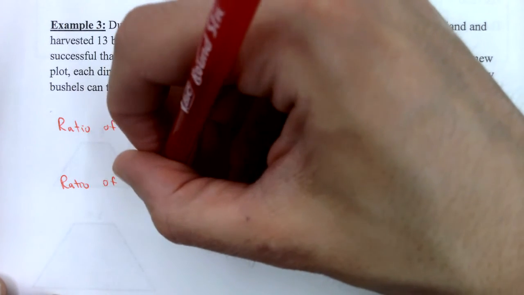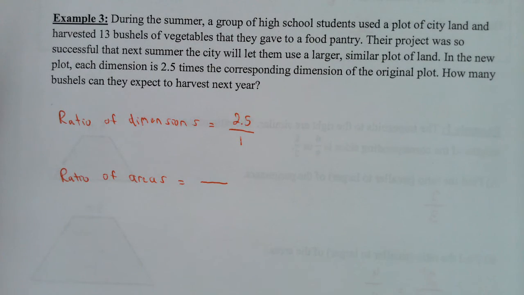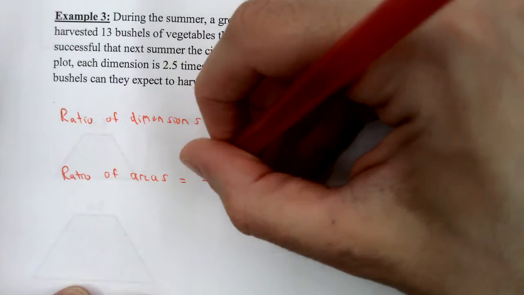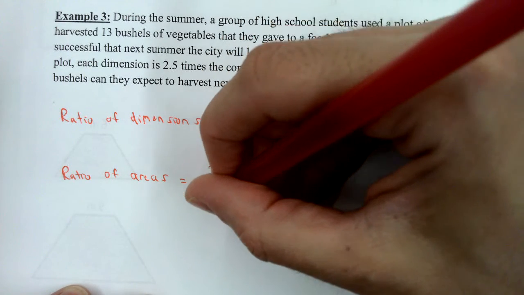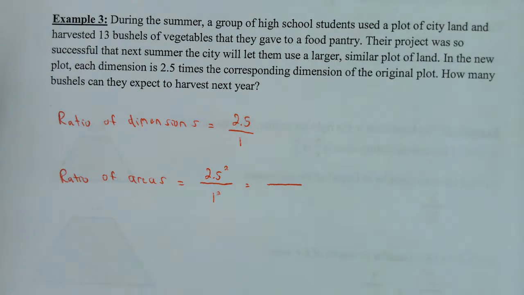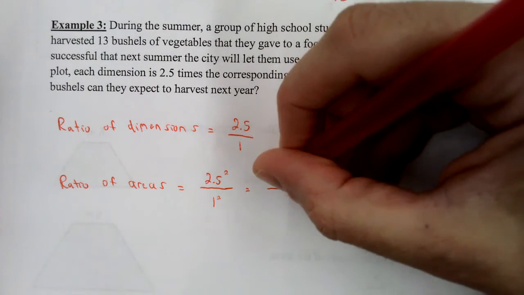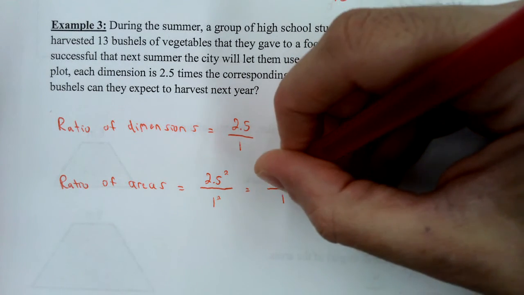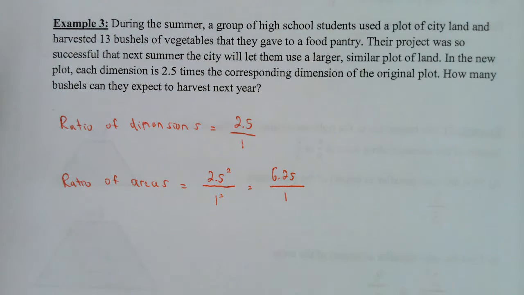The ratio of the areas equals 2.5 squared over 1 squared. 2.5 times 2.5 is 6.25 over 1, because 1 squared is 1. So that's the ratio of the areas.